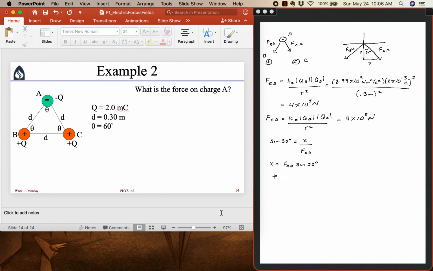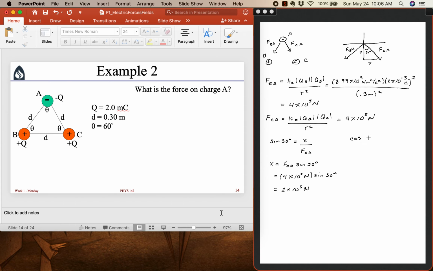And so that's going to be equal to 4 times 10 to the 5th newtons times the sine of 30 degrees. And so that's going to be equal to 2 times 10 to the 5th newtons. Now, if I want to find the y component, I would use the cosine.